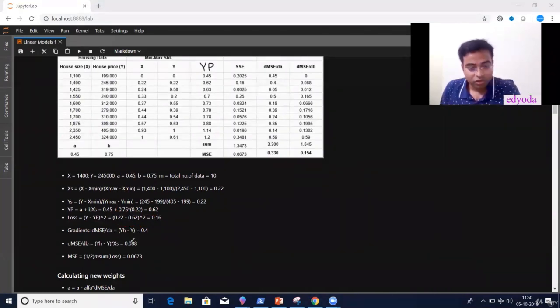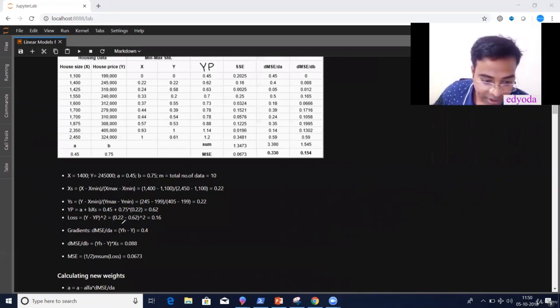This is the prediction, this is yp minus y. So what is the value of yp as of now? yp is your 0.62 and y is your 0.22. So the gradient is 0.04.